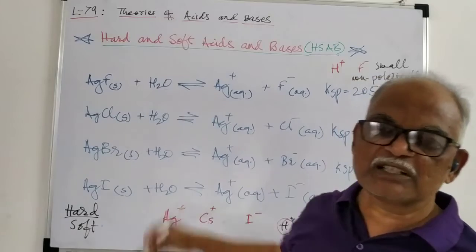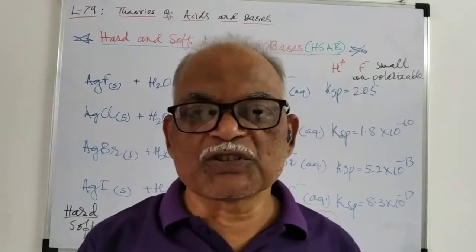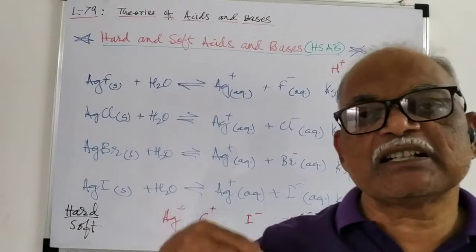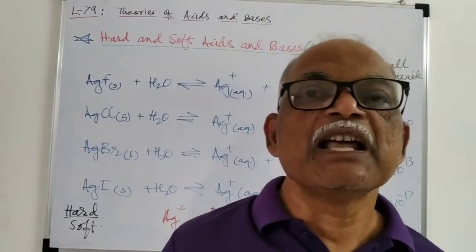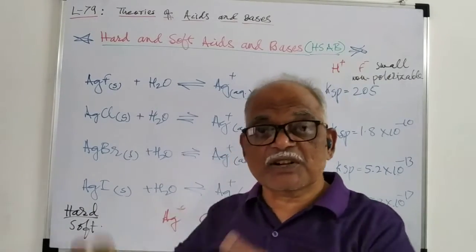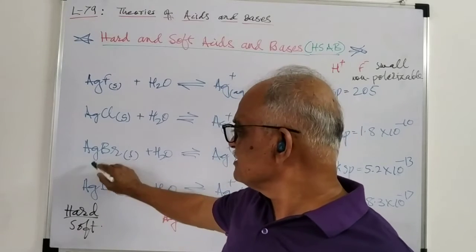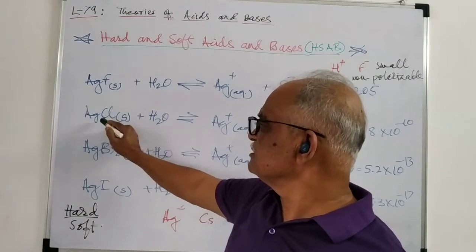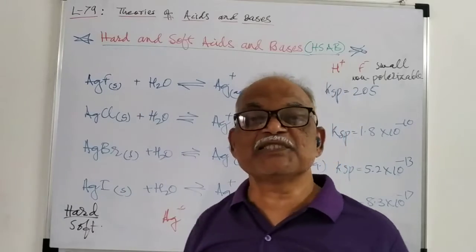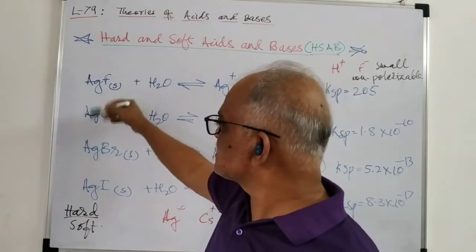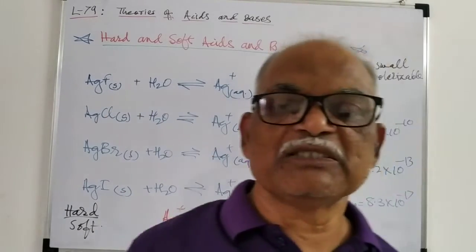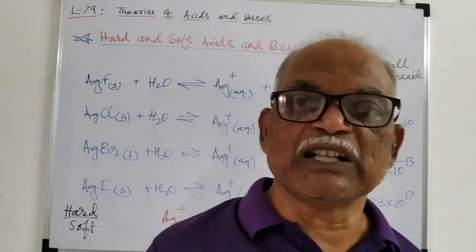We are using water here as a polar solvent, and if we consider a non-polar solvent, then the change is reversed. So this will be more soluble, this relatively less soluble, this less soluble, and this will be least soluble. So the behavior of salts depends upon the nature of the solvent also.